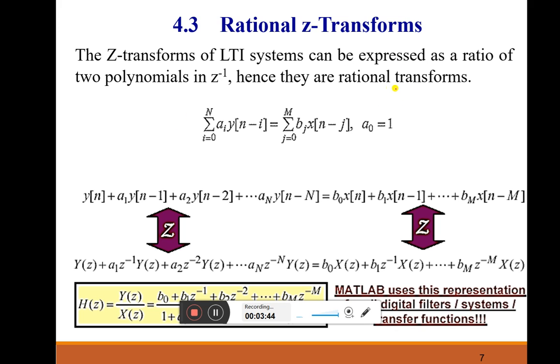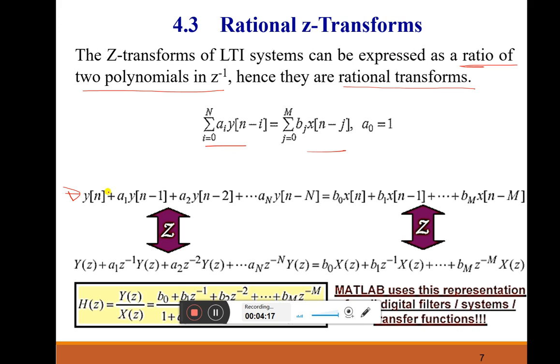Now in the rational Z transform, okay, rational Z transform of LTI ataupun linear time invariant system is expressed as a ratio of two polynomials in z to the power of negative 1. So because they are ratio, okay, this is called rational transform. Okay, so you have these two polynomials, then you expand this polynomial, you get this one, right?